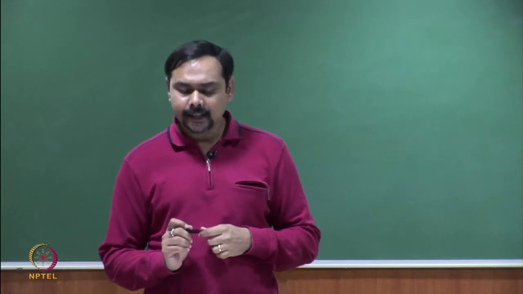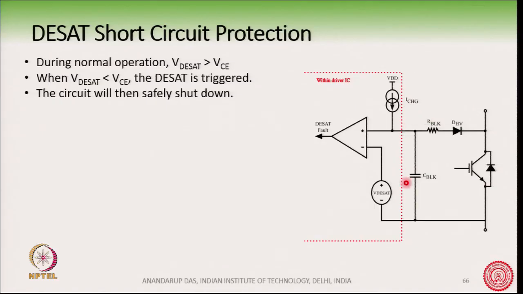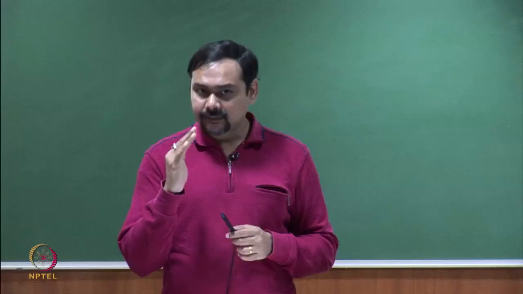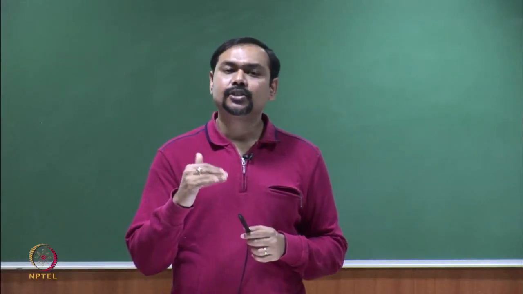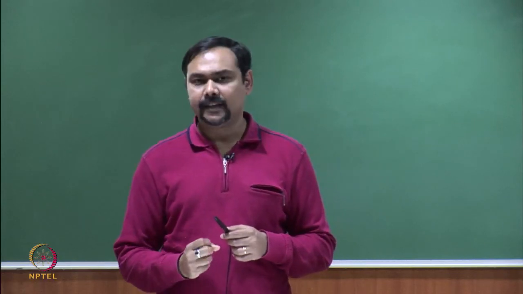That delay is provided by this RC circuit here along with a charging current here. We will not go into the details of this circuit, it is not necessary, but this C blanking will provide the delay after the IGBT has settled down to 2 volt, and after that delay the short circuit protection gets activated.